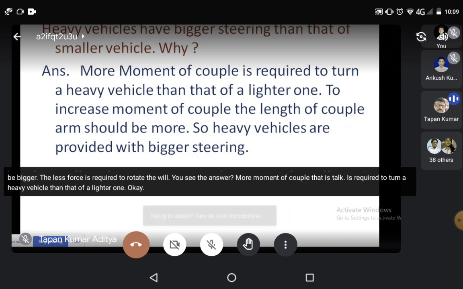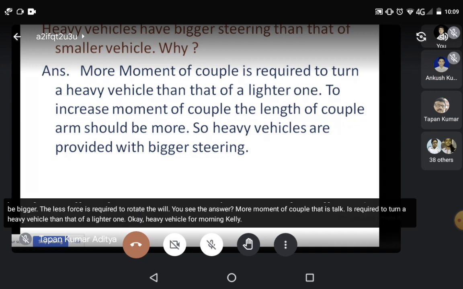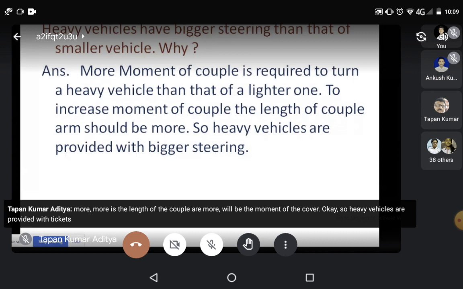Okay, heavy vehicle को मोड़ने के लिए हमको ज़्यादा टॉर्क चाहिए. To increase the moment of couple, the length of the couple arm should be more. More is the length of the couple arm, more will be the moment of the couple. Okay, so heavy vehicles are provided with bigger steering.